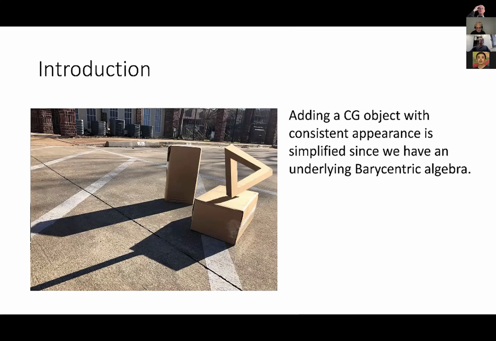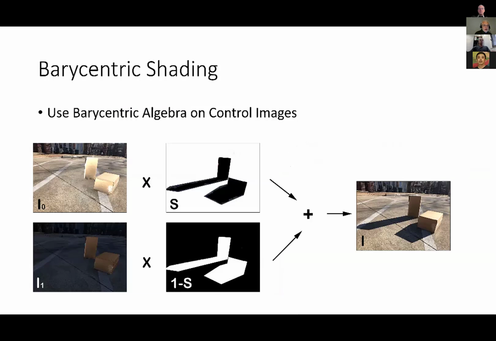So the main idea here is to use barycentric algebra, then the whole problem becomes really, really simplified. How we use the barycentric algebra, generally it can be as simple as simply linear interpolation. Just think about this like a shadow computation, nothing but shadow computation. This image is the no-shadow image.